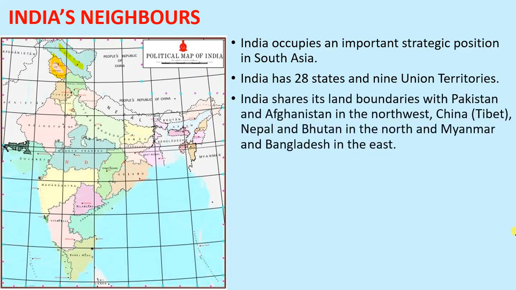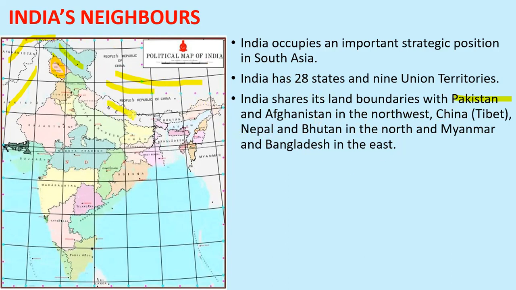India shares its land boundaries with Pakistan. Pakistan is this side. Afghanistan in the northwest. Afghanistan is touching India's land boundary here in this region. China, including Tibet, this region complete.